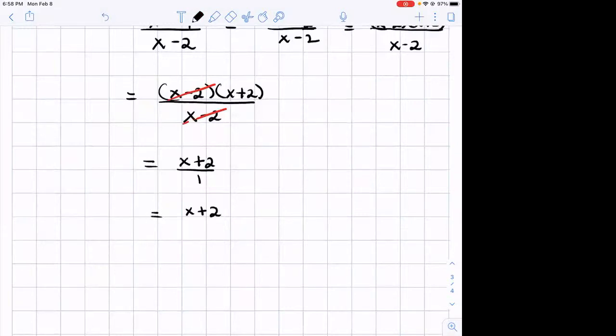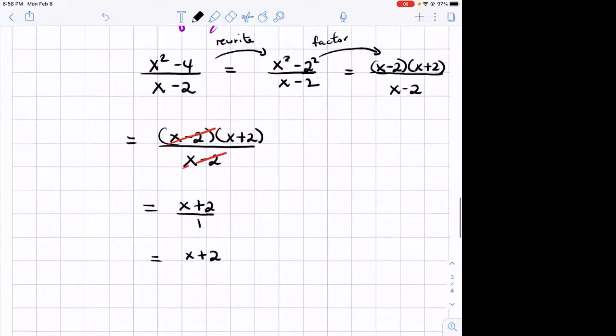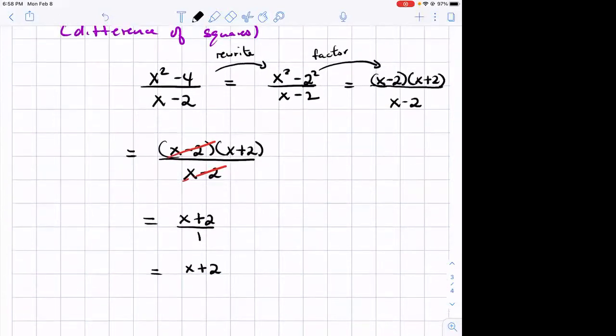So there is a simplify by factoring. Now notice here that in your example, you would have seen that if x is 2, there would have been a problem.